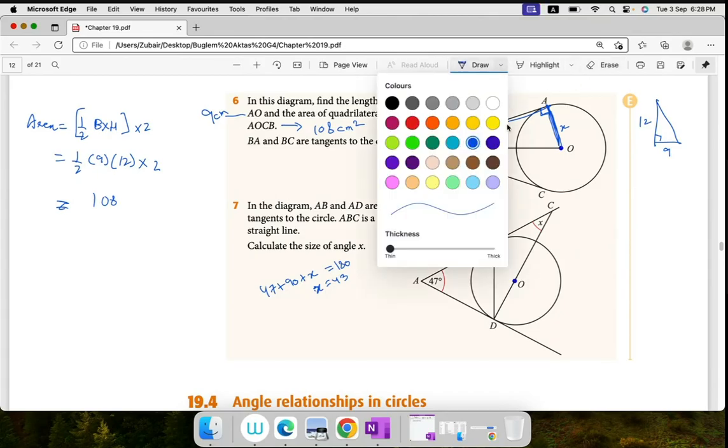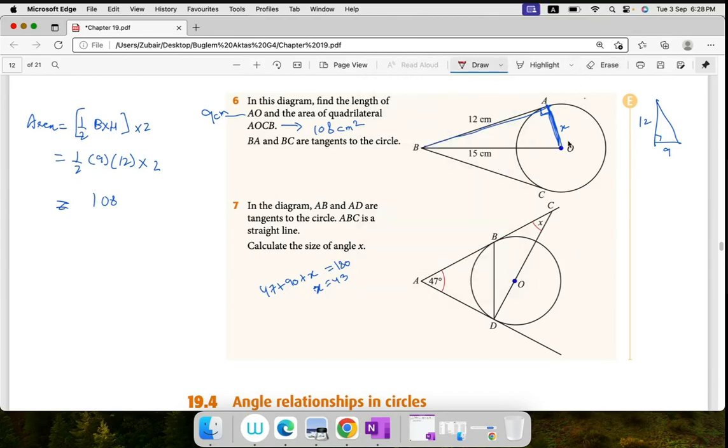Now there are two things actually. Even if we do this, these two are equal. So 180 minus 47 is 133. 133 divided by 2 is 66.5. Both of these are 66.5.